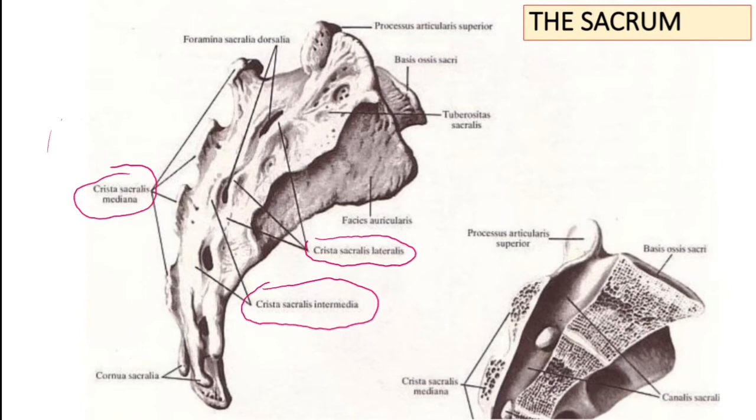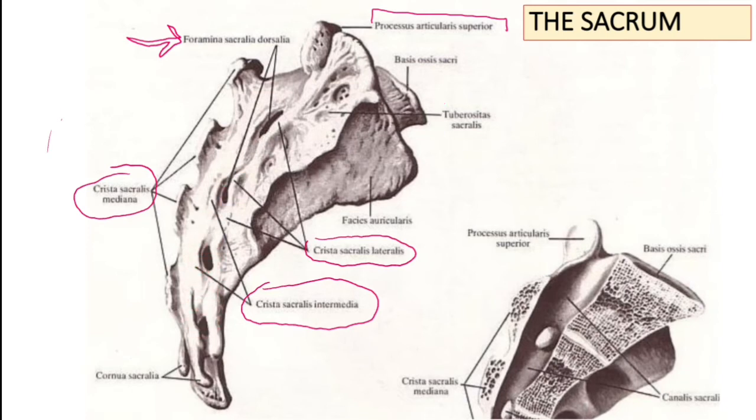Okay, so it's easy to remember: median, intermediate, and lateral. Here on top you can see processus articularis superior, the superior articular process. And here you can see the foramens which I told you about, foramina sacralia dorsalia.